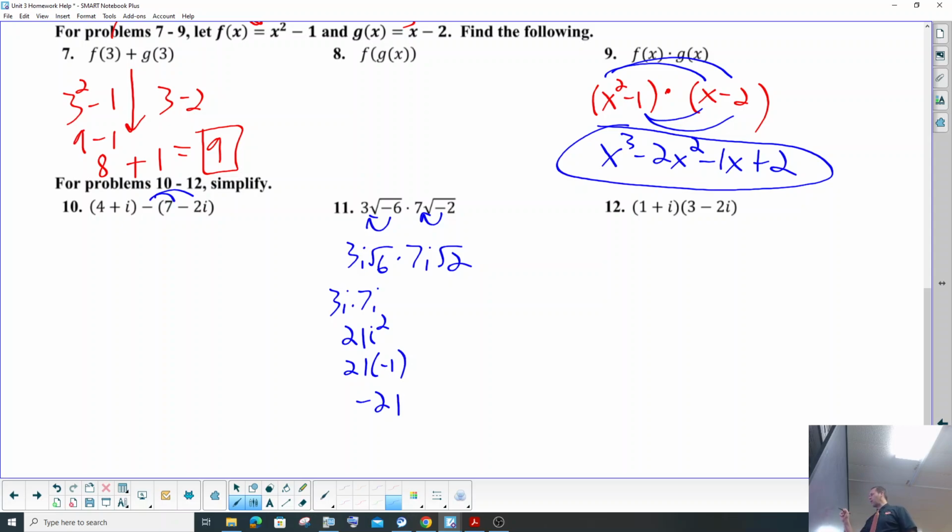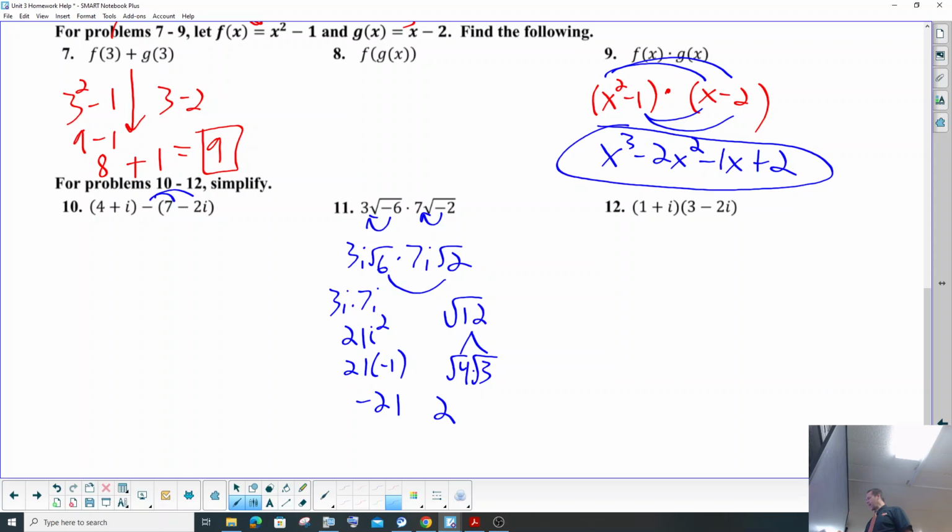We can multiply 6 times 2 in the radical, just like we did outside the radical. And 6 times 2 is 12. And 12 breaks down into 4 times 3, individually square rooted. The square root of 4 is 2.